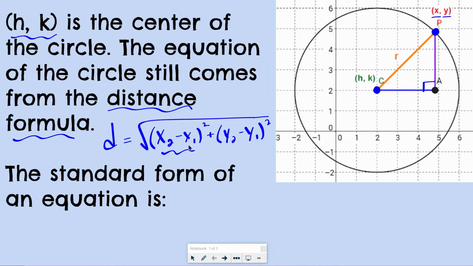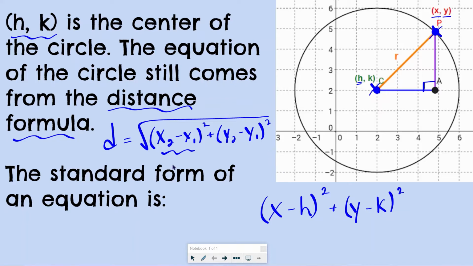I'm thinking about the difference between the x coordinates here, between that point and that point. So I'm using x as my x2 there, and then the h as the x coordinate of the center. That's my x1. I'm going to do the exact same thing for the y's. My y minus the y coordinate of the center.